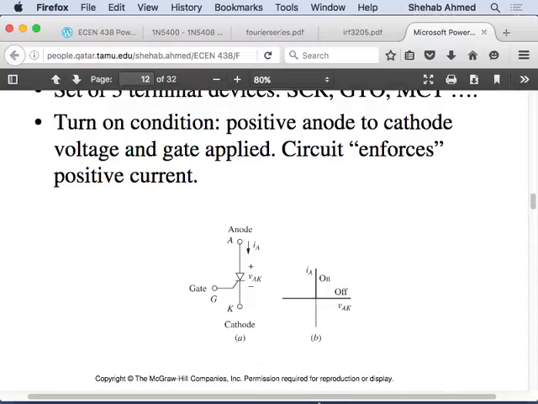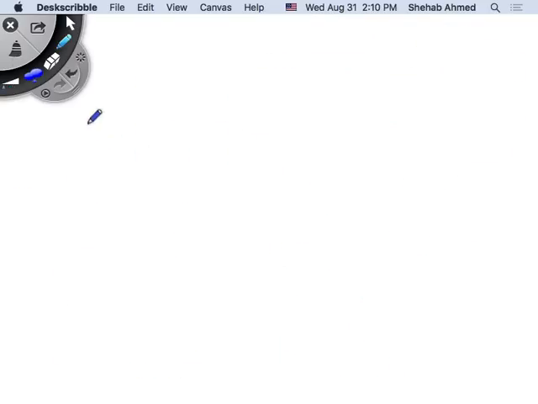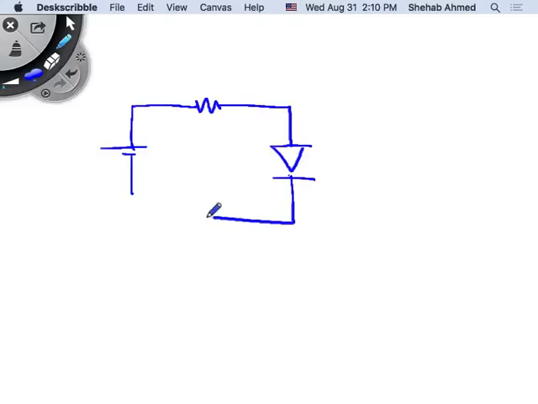So if I draw a simple circuit here: I have a voltage source Vs, a resistor, and a thyristor, with plus minus VAK across it, and this is the gate current.